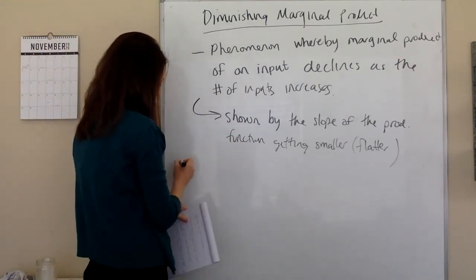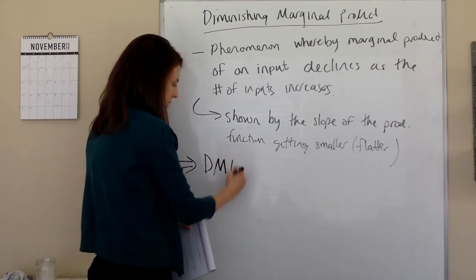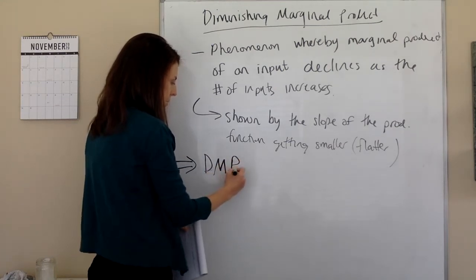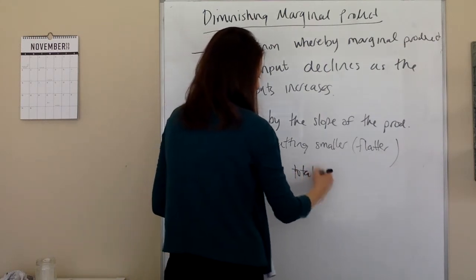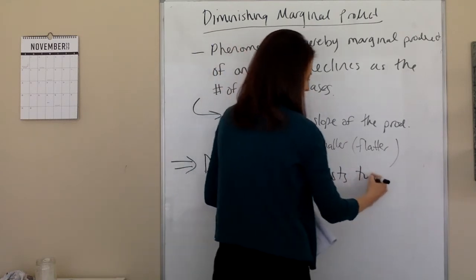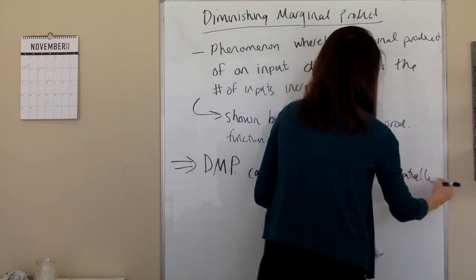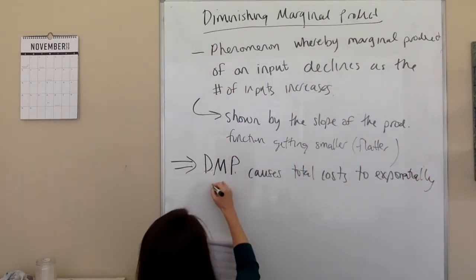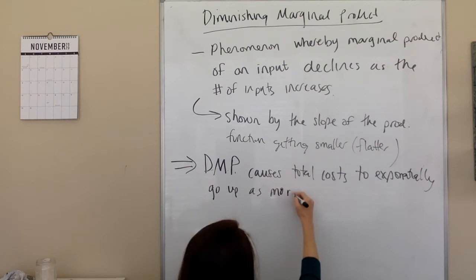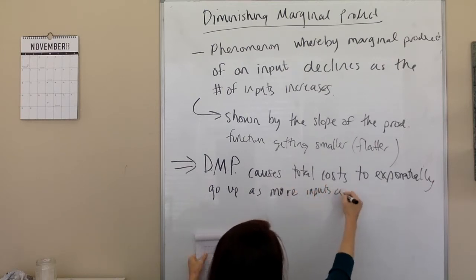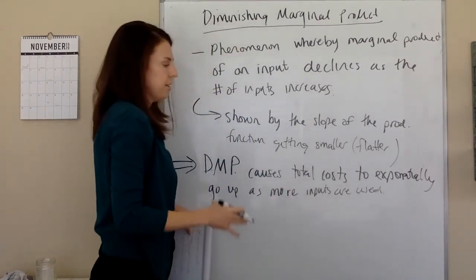Okay, so for your notes, what you need to know is that diminishing marginal product, abbreviate this DMP, causes total costs to exponentially go up as more inputs are used. And as more inputs are used, output also goes up.